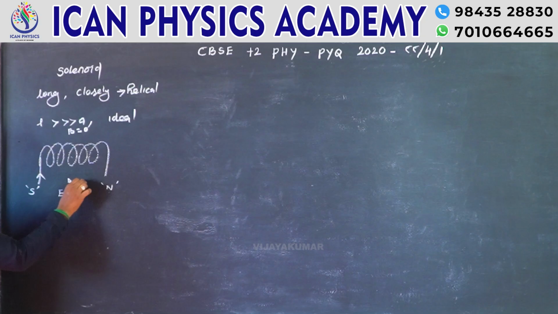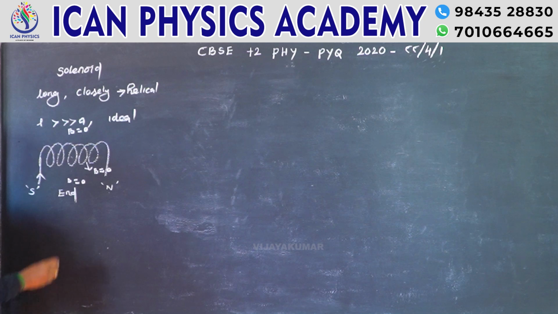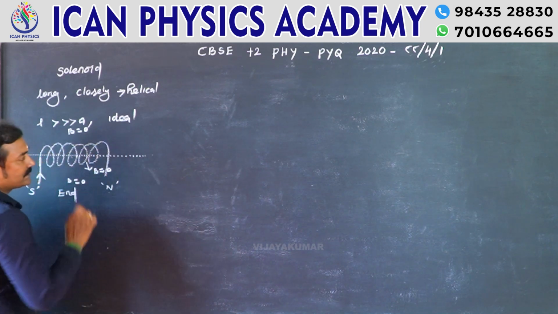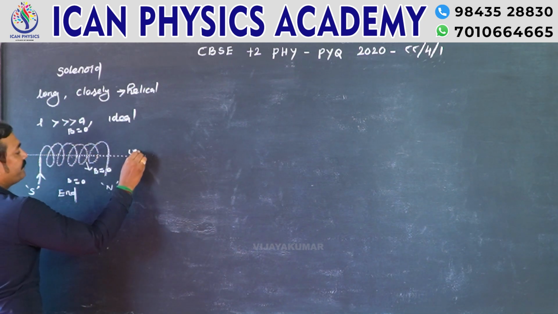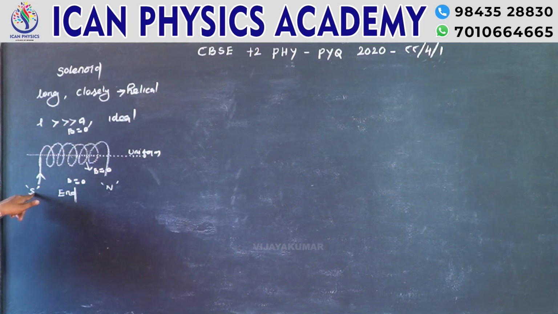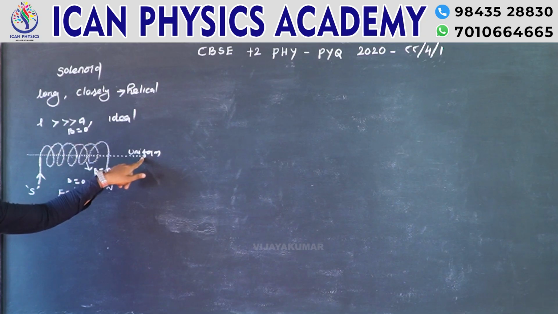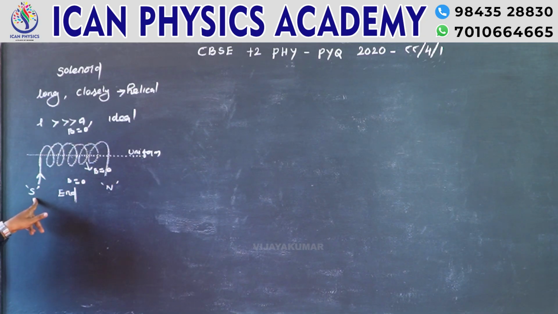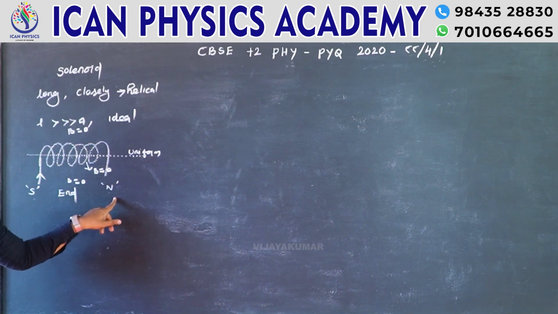Here also the magnetic field is 0. Between the two coils, the magnetic field is 0. Along the axis of the solenoid, the magnetic field is uniform. Okay. So, the current carrying solenoid acts as a bar magnet. The nearer end acts as the south pole, the further end acts as the north pole.